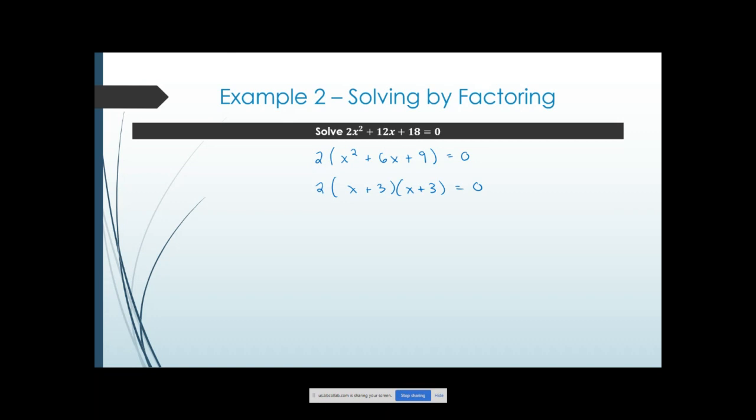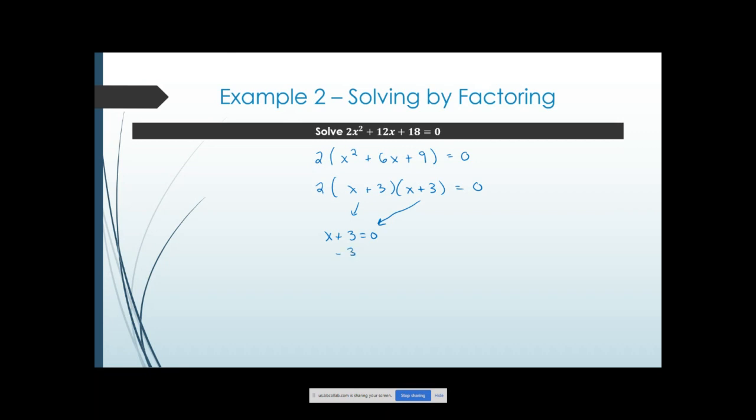And then we set each factor equal to 0. The 2 in front, we don't have to set that equal to 0 because that doesn't have a variable. So you only set the things that have variables equal to 0. So we have x plus 3 equal to 0. And then you can see we have x plus 3 again. That is the same thing. So we only really get one equation out from this. x plus 3 equals 0.